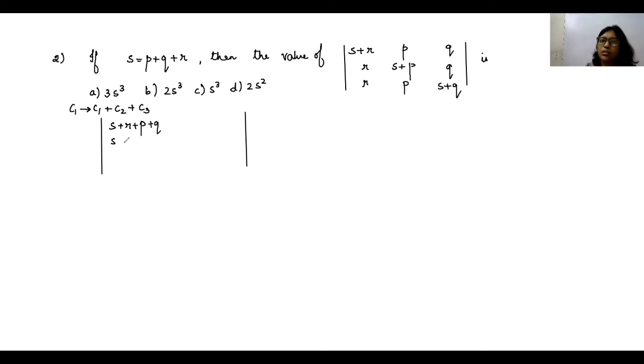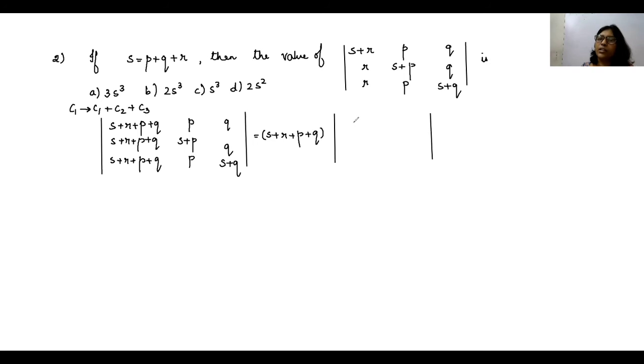So that makes this S plus R plus P plus Q. Same for the second row first column entry, and same for the third row first column entry. Remaining will be. So we have S plus R plus P plus Q common. That leaves us with 1, 1 and 1 in the first column.